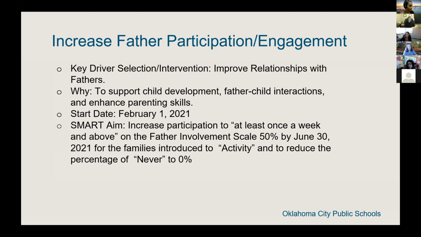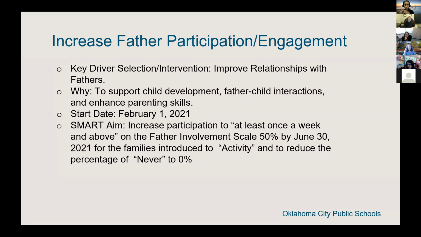This time, like I said, we picked up whatever we left off in our last father engagement cycle. We were trying to improve relationships with fathers and enhance parenting skills. We started this new cycle in February 2021.